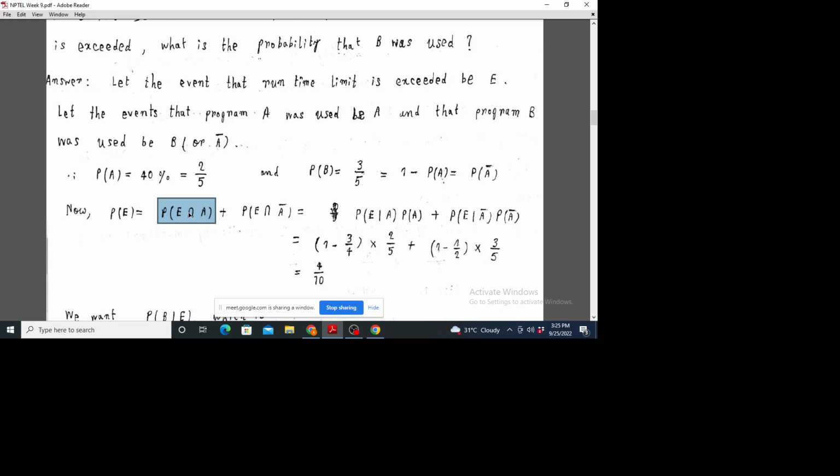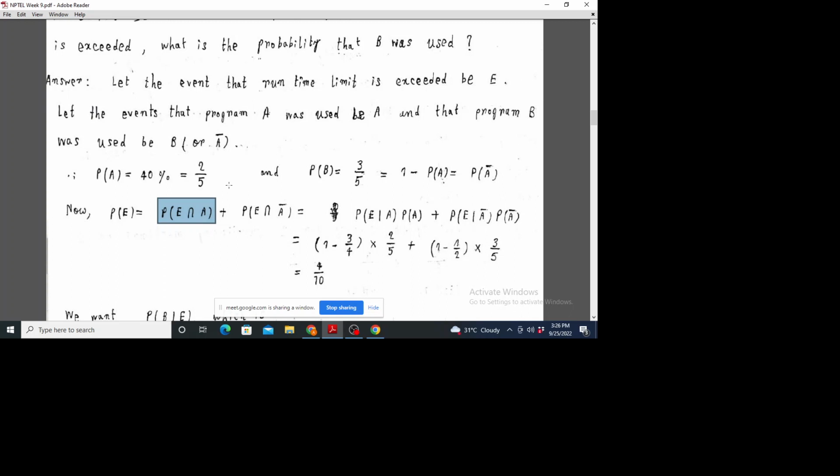And E union A means at least E or A has occurred. So intersection means and, union means or. This is the English language interpretation.